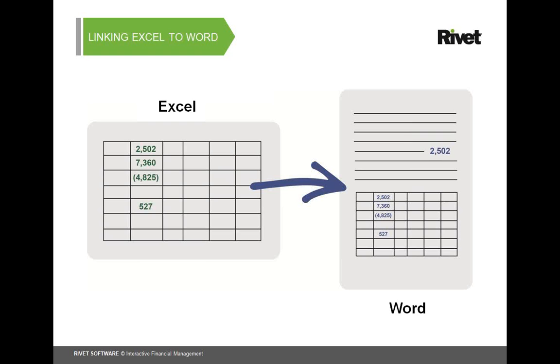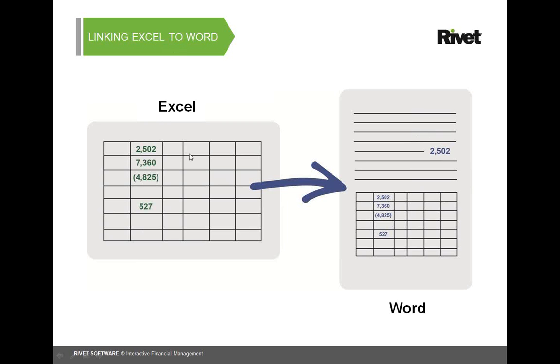The ability to link Excel information into a Word document, as an example. There are ways to do this natively in Microsoft Office, but to have it done in a managed way is very valuable. This example shows numbers here in Excel being linked to a Word document.